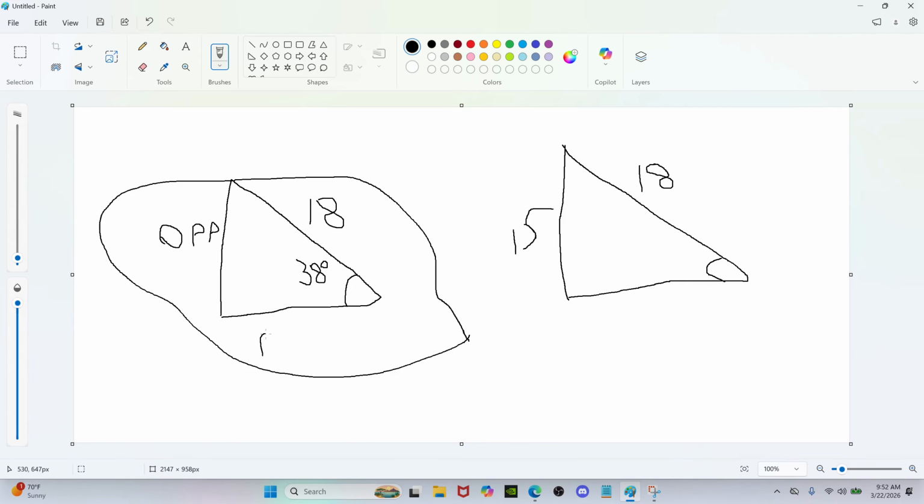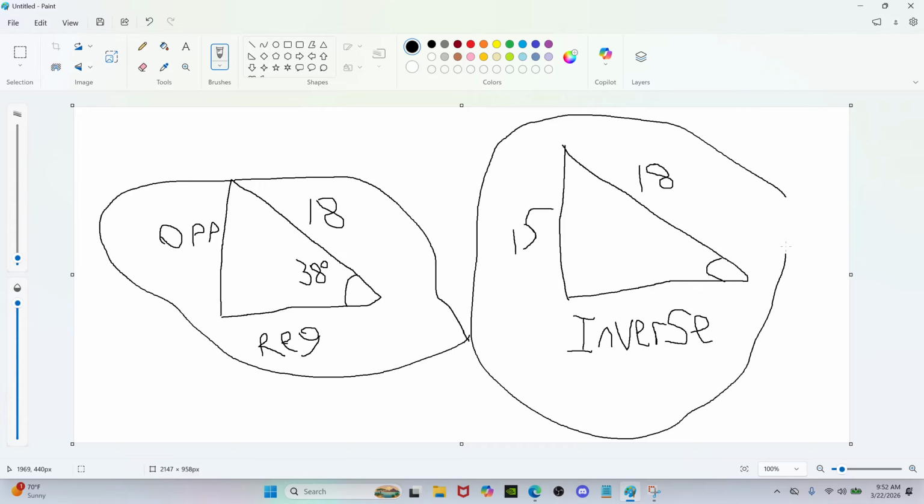So this, I'm just going to abbreviate with regular trig, because we're given an angle's number and one side. But in inverse trig, we are given two sides but no angle's number. So just keep that in mind. This is the key difference between the two and how to differentiate.